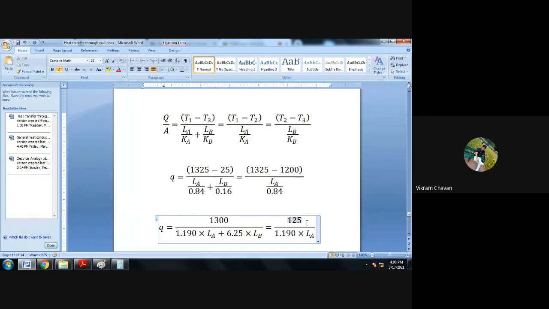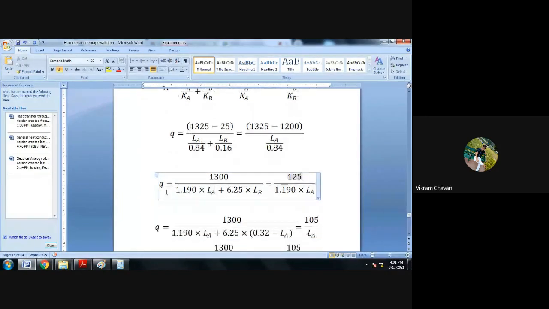Please check. Okay, so if you are getting the same values, then no problem.